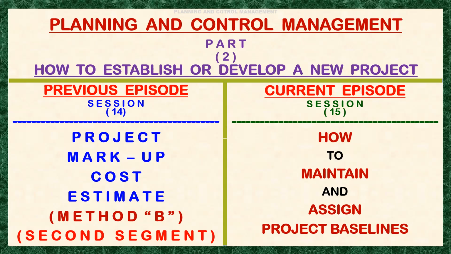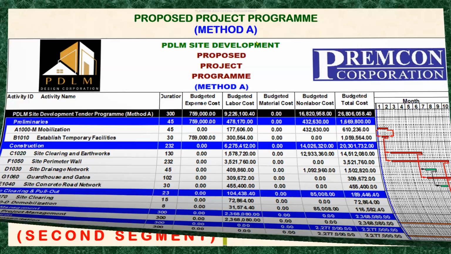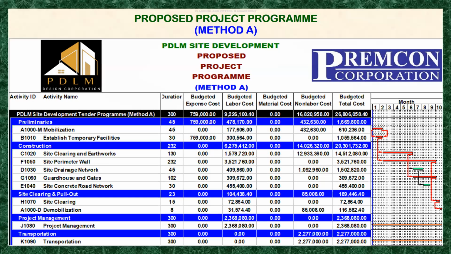Okay, here is one of the samples of how it works. Here we will review the results of the method A project estimate. This is our method A that we accomplished recently.